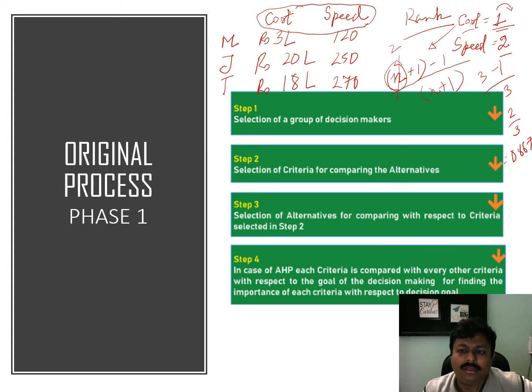And for the other one, which is rank 2, here also 3 minus 2 divided by 3, so this will become 1 by 3, which is around 0.33.